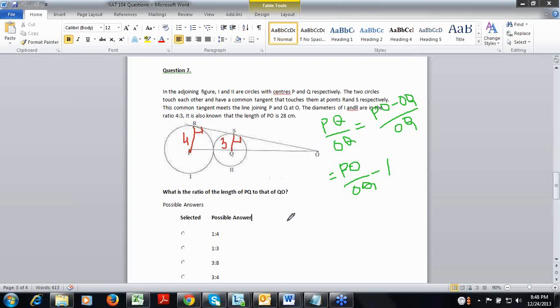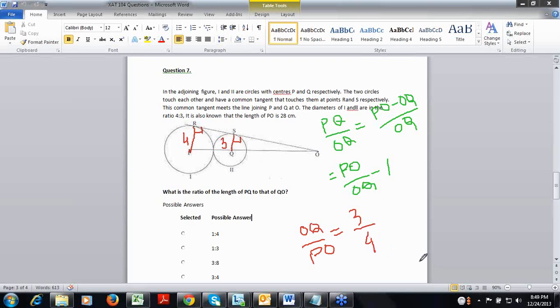So use similar triangles. We need to use similarity theorem. So it's like OQ upon PO. It will be equal to what? OQ upon PO will be equal to 3 by 4.